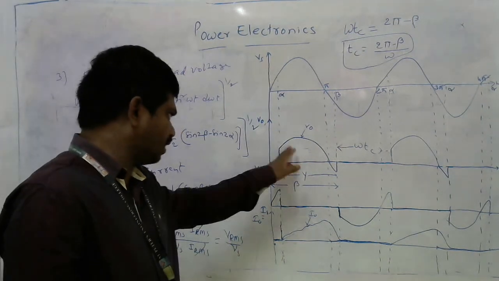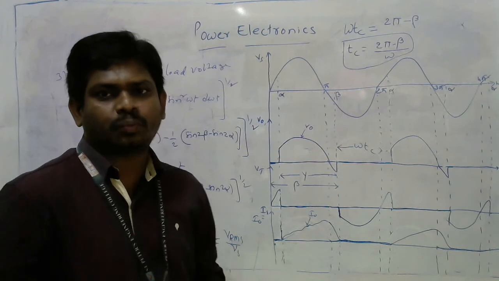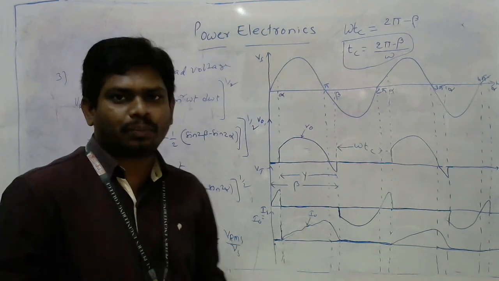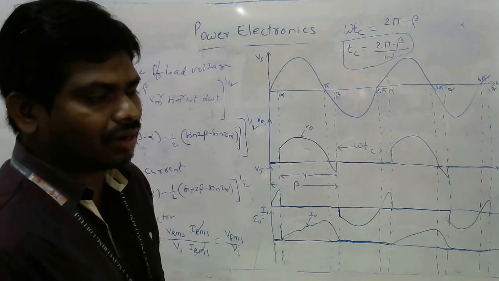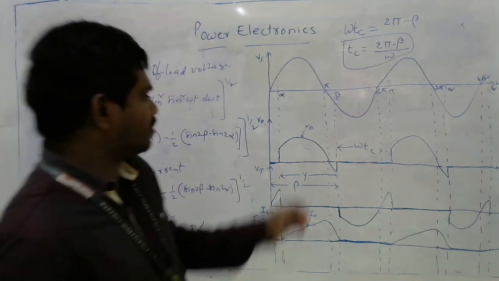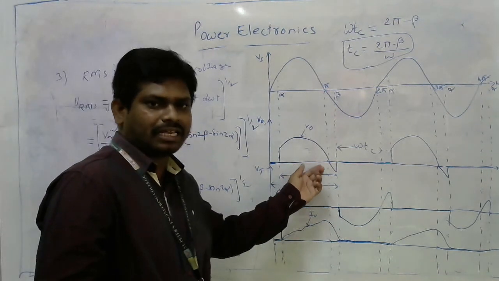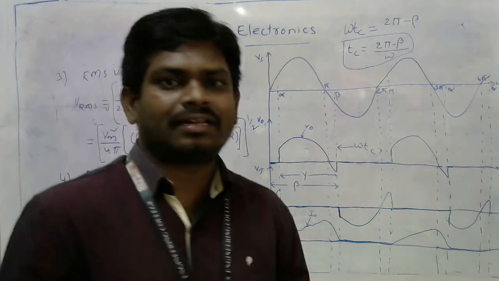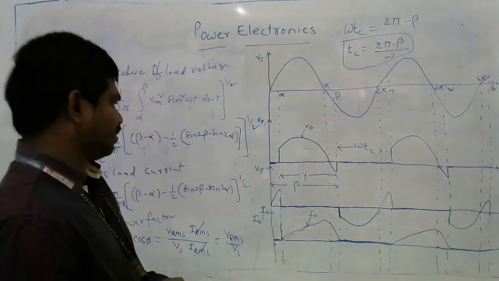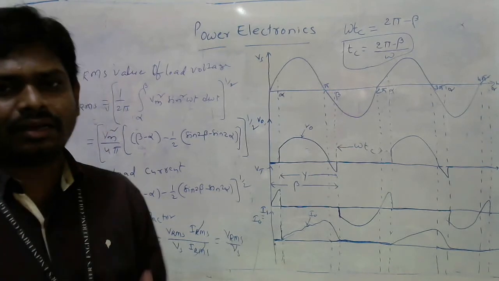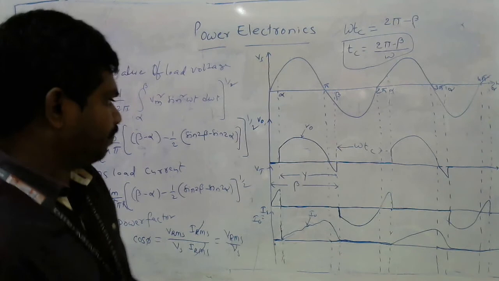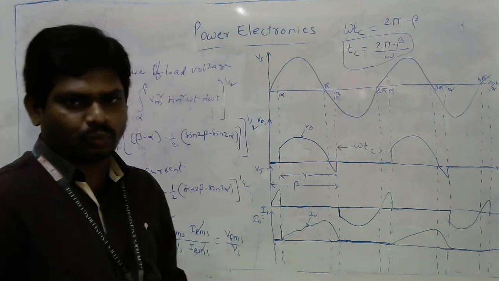Due to this, the average output power is reduced, hence losses increase. Losses increasing means the rectifier efficiency is going to be reduced. Rectifier efficiency is reduced by using only an RL load for the half-wave controlled rectifier. Then what do we have to do?